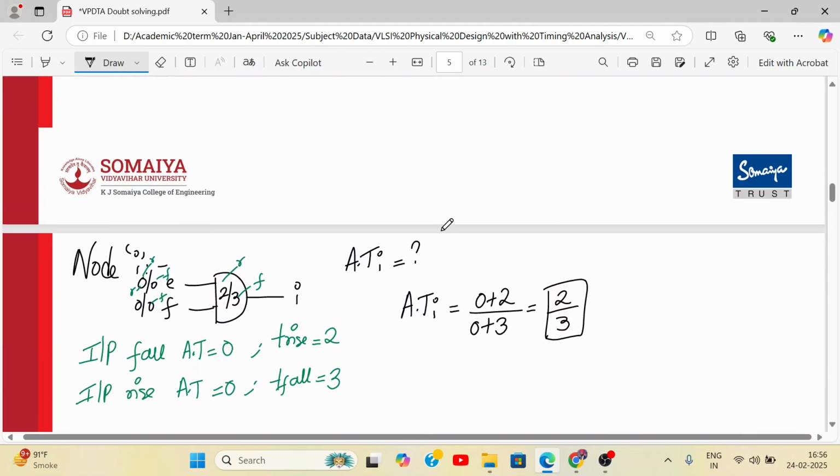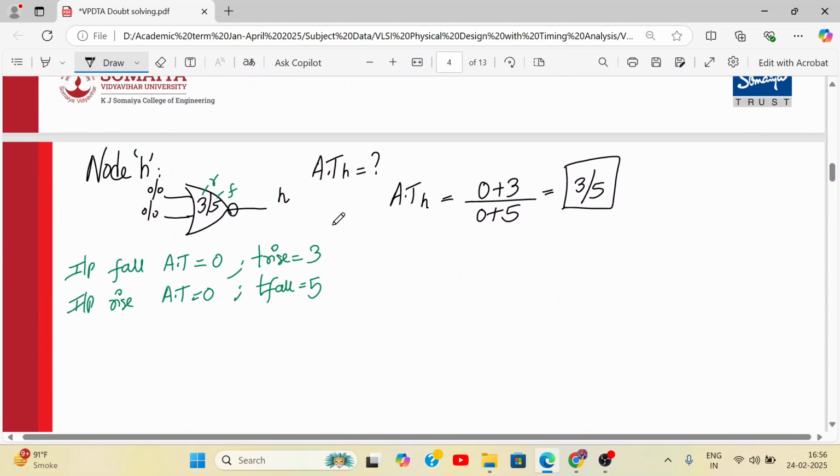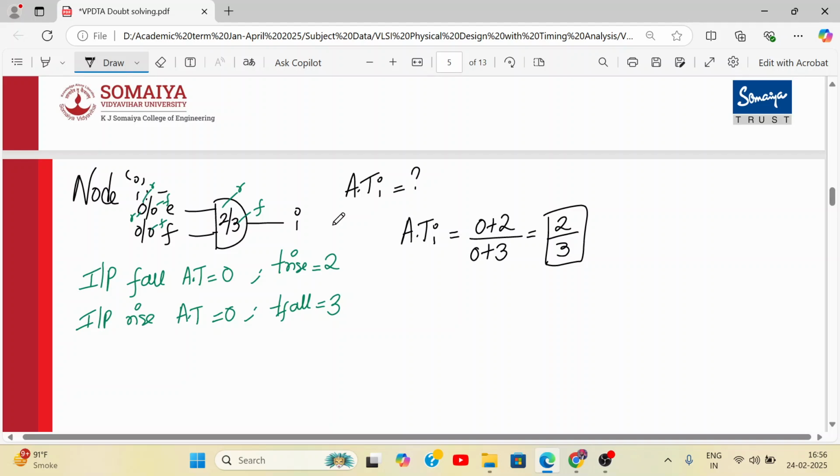It was a non-inverting gate, so my bad. This also was a non-inverting gate, so similar to this. So output fall arrival time divided by input fall arrival time, so that accordingly we will have to write it down. I guess we have written that earlier. Is this correct?